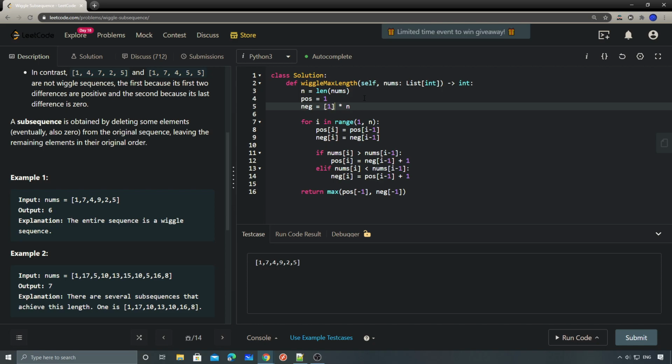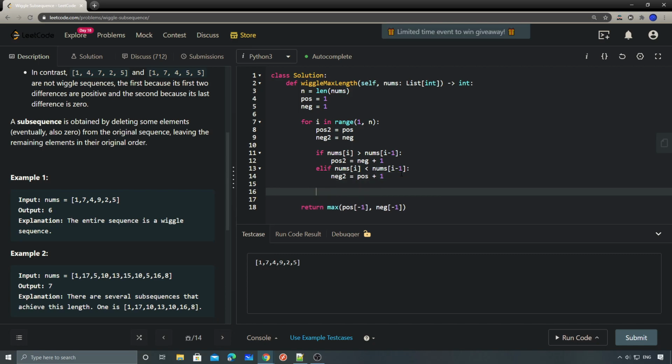Which means we just do this. Positive equals 1, and then negative equals 1. Similarly, if you remember, we have the negative 2, and a positive sign to this one. Then we have this positive 2 equals negative plus 1, and here a negative 2 equals the positive plus 1.